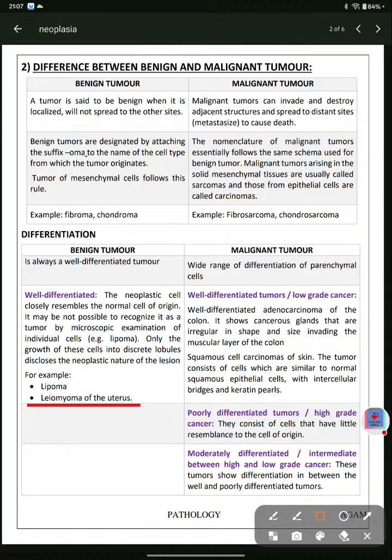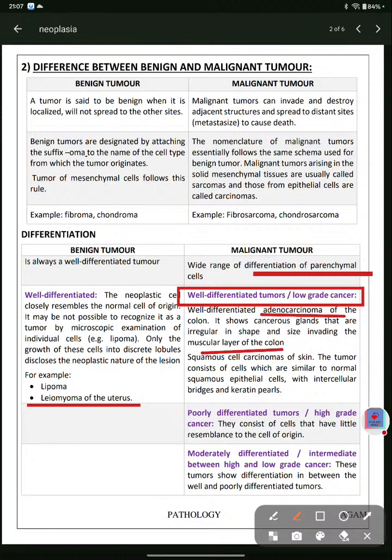So see, there is a wide range of differentiation.